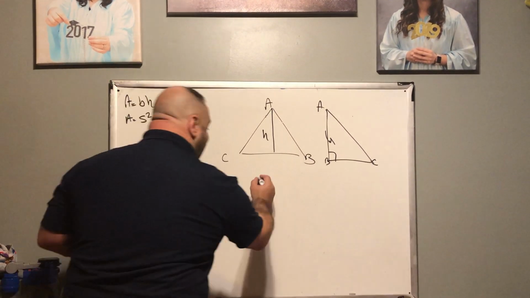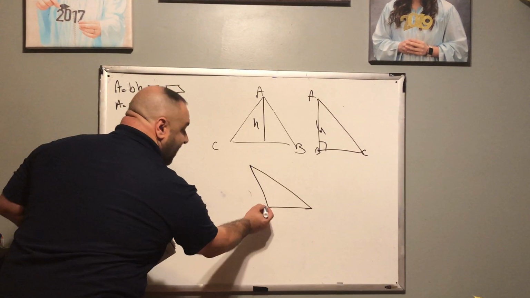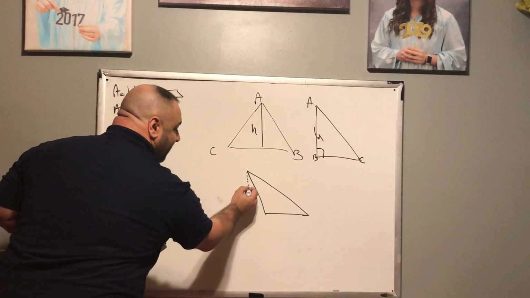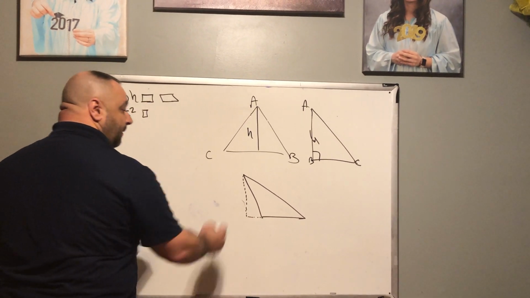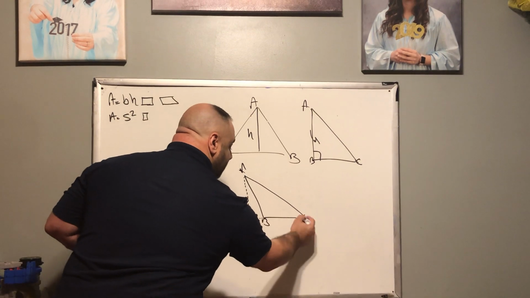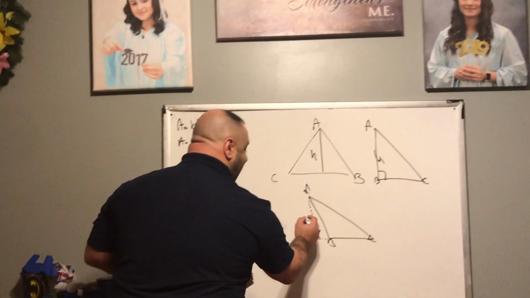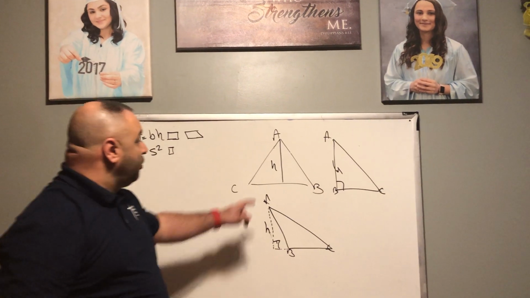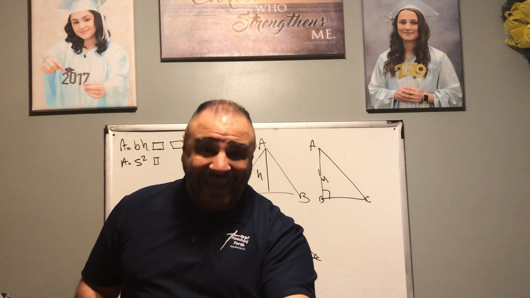And then if I had a triangle like this, with any vertex to even the side extended, we call this A, B, C. So even here, again, we have our altitude. So no matter where the location is, the altitude is always the same length.